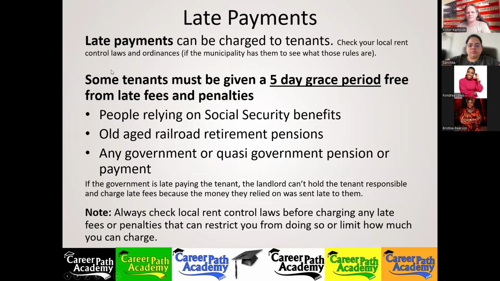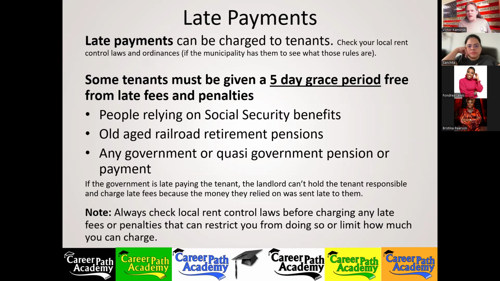All right. So late payments can be charged to tenants. However, certain tenants must be given a 5 day period free from any late fees or penalties. Those tenants so qualified are those that are receiving Social Security benefits, those dependent on old age railroad retirement pensions, and any other governmental or quasi governmental payment, pension or payment.